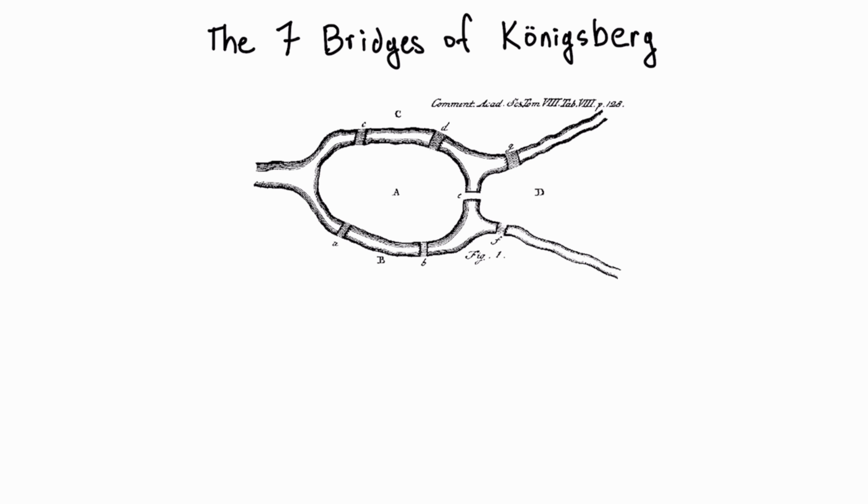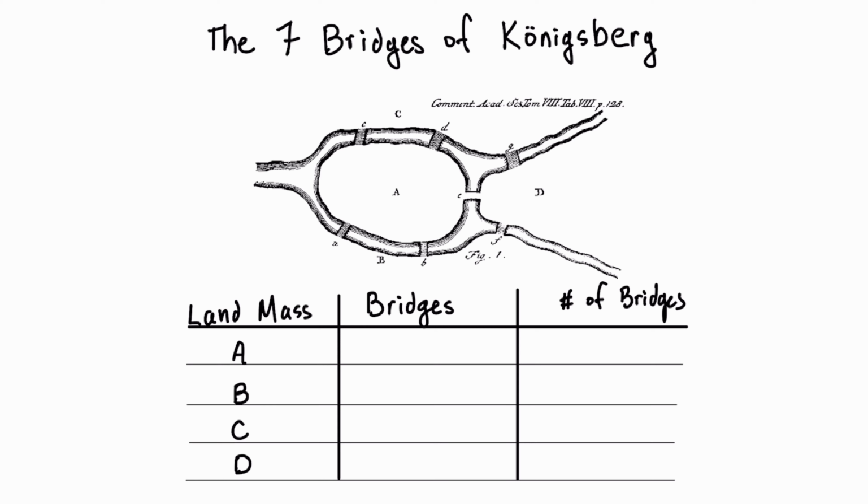One of the things that mathematicians do is look for patterns. Euler did it, and so did mathematicians before him. During his investigation of the 7 Bridges of Königsberg problem, he may have made a table that looks something like this. This table looks at the number of bridges connected to each landmass. For example, there are 5 bridges connected to landmass A: bridges a, b, c, d, and e.